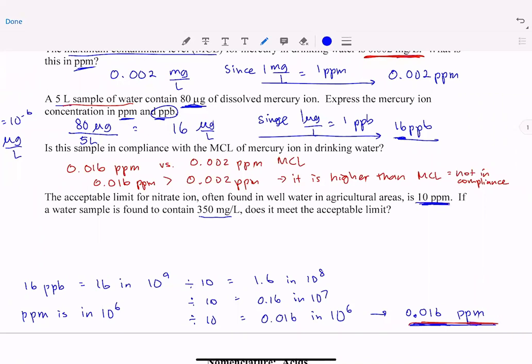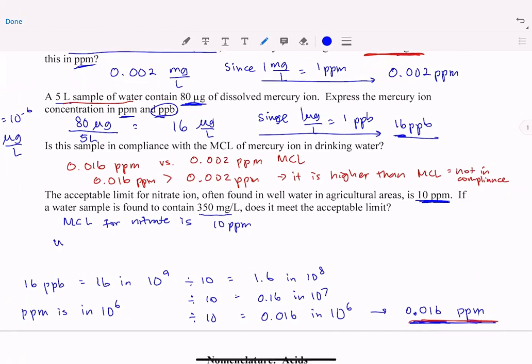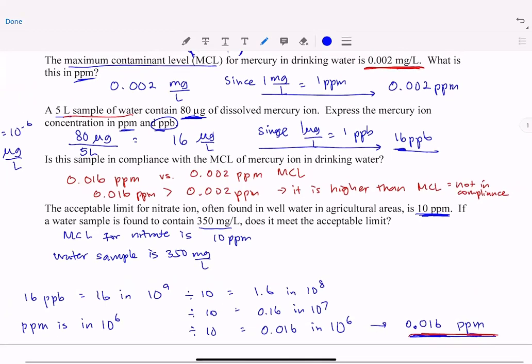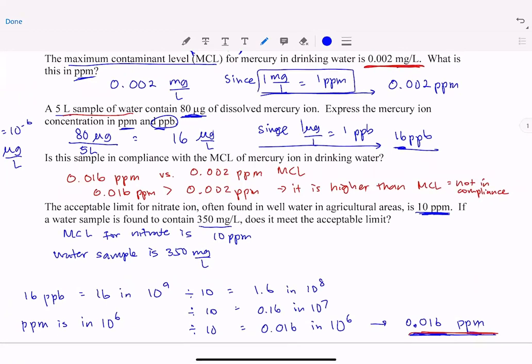So we have the MCL for the nitrate ion, which is 10 parts per million. So let's take that water sample, which is 350 milligrams per liter. And remember, 1 milligram per liter is 1 part per million. So that means 350 milligrams per liter is 350 parts per million.